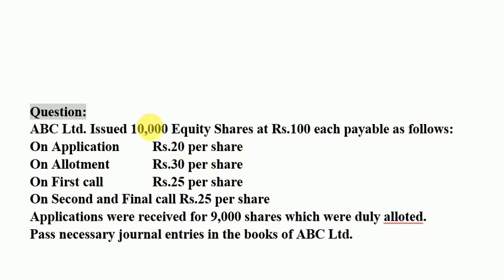So issued shares is 10,000, subscribed shares is 9,000, and remember 9,000 is equal to 90% of 10,000. If you calculate 90% of 10,000, it comes to 9,000. So since the minimum subscription clause is fulfilled, this company can go ahead with the further allotment of shares.